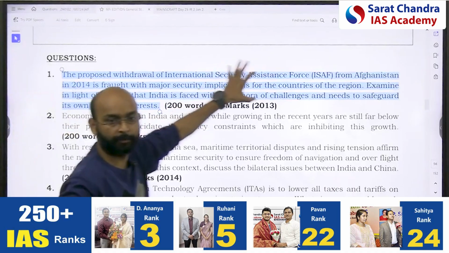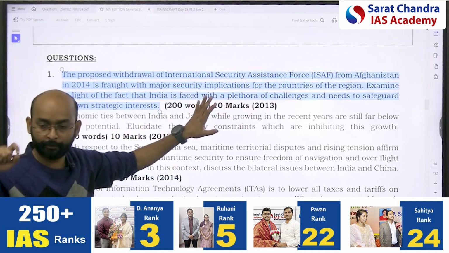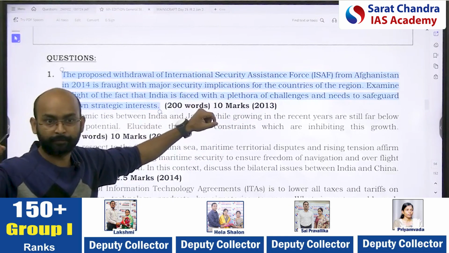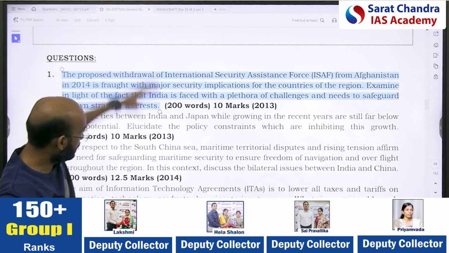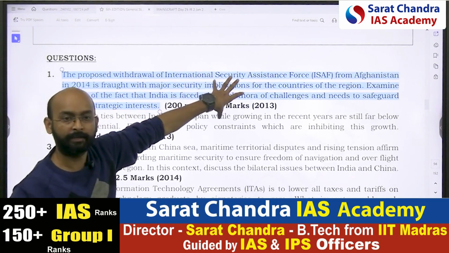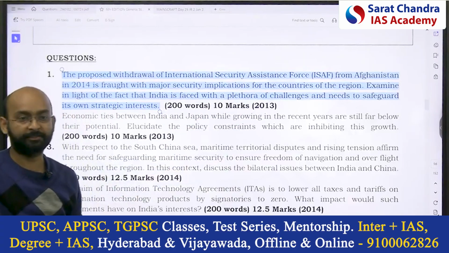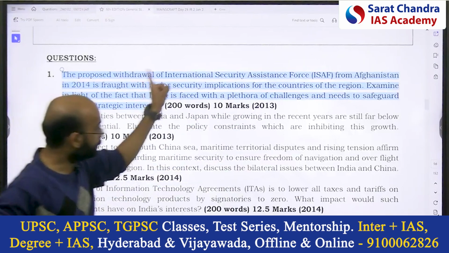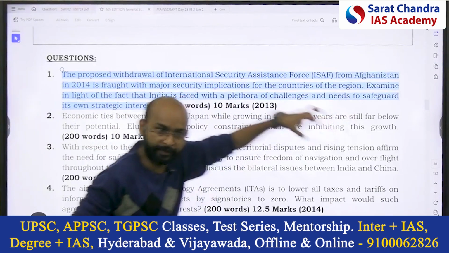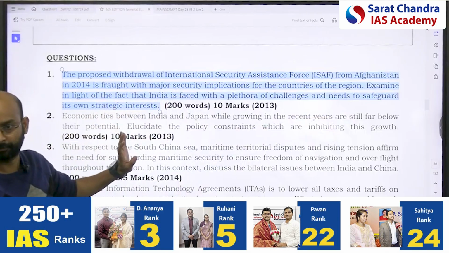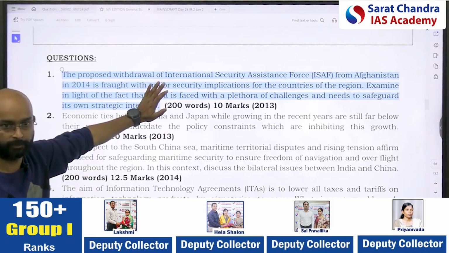Now, you can clearly understand where UPSC is creating this topic from: the policies of a developed country. This PDF has kept this as a bilateral relation, but I would consider it as a policy of a developed country. Basically, the US was present in Afghanistan, and they withdrew their forces. So what can be the strategic implication on India? That is basically the theme of the question.